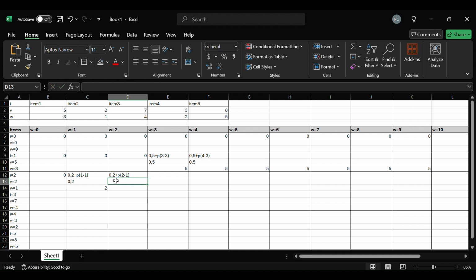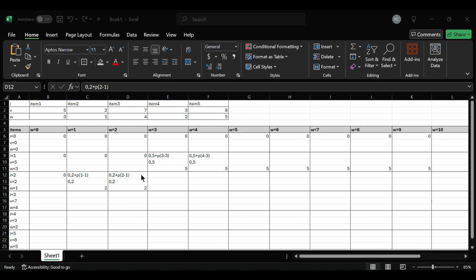So here we are saying 2 plus P of 1. P of 1, how do we get that? Go up one block and then go to weight limit 1. And here our value is 0. So we will have 2 plus 0, which is 2. Right? So we have did not pick up 0 versus pick up 2. And I will decide to pick up. So our maximum profit will be 2.